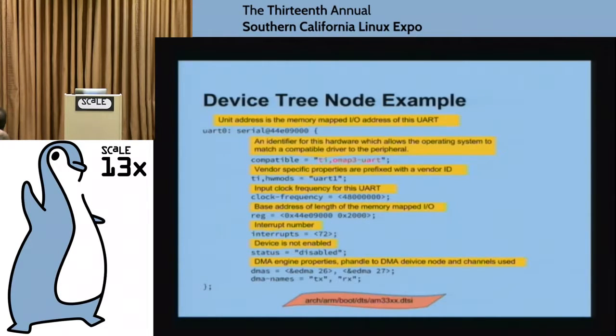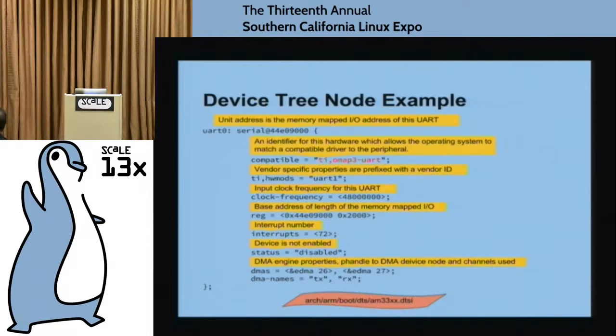And then you have a compatible string. So this is something new we're introducing. This is part of what we'll talk about as a device tree binding. And there's a device tree binding that says if you're describing a UART on an OMAP type system and the AM335X shares the same intellectual property or IP block, all right, as the OMAP3s, then it's a TI OMAP3 UART.